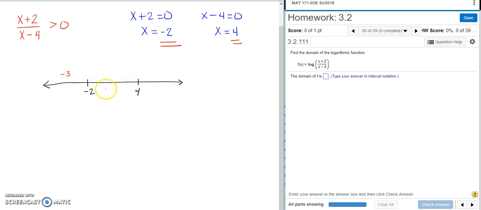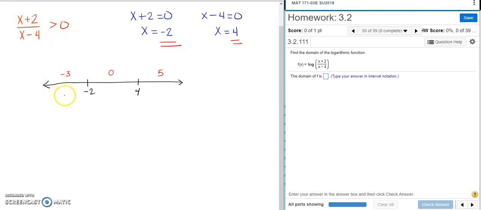Okay, so it could be negative 1, 0, 1, 2, or 3. Either way. So we'll pick 0 because it's easy. And then we got to pick a value greater than 4. So I'll go with 5. There's no reason to make these values hard. And what I want you to do is plug in each of these values and figure out if we get an answer that's greater than 0, right?